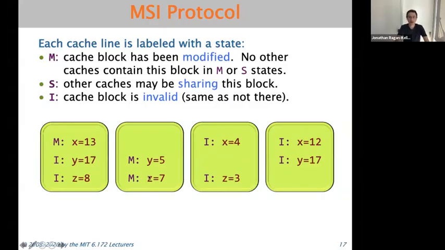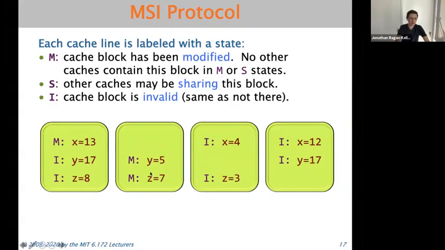So each time we want to load a value, we have to check whether it's in the M or the S state. If it is, we can load it locally. Each time we want to write it, we have to check if it's in M. If it is, we can just mutate it locally. If we don't have it in the M or S state and we want to load it, we have to fetch that line from another cache in the system or from main memory.